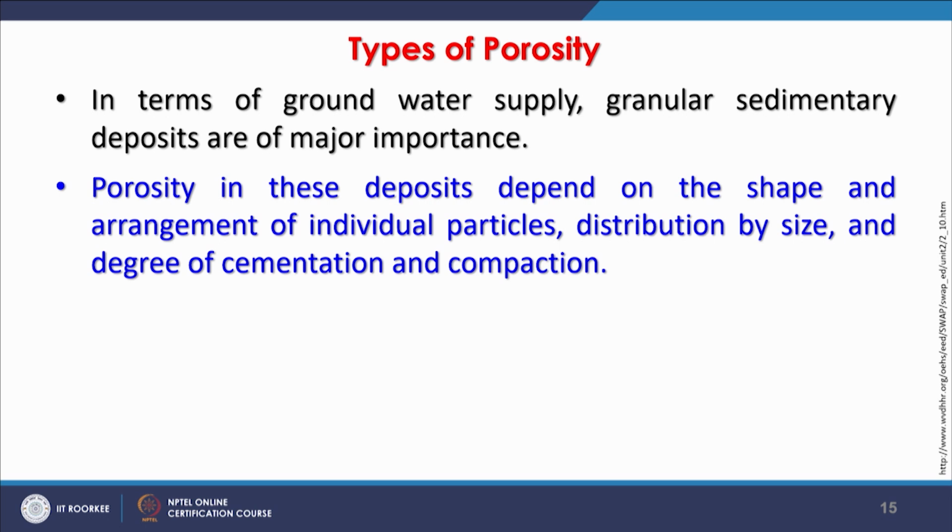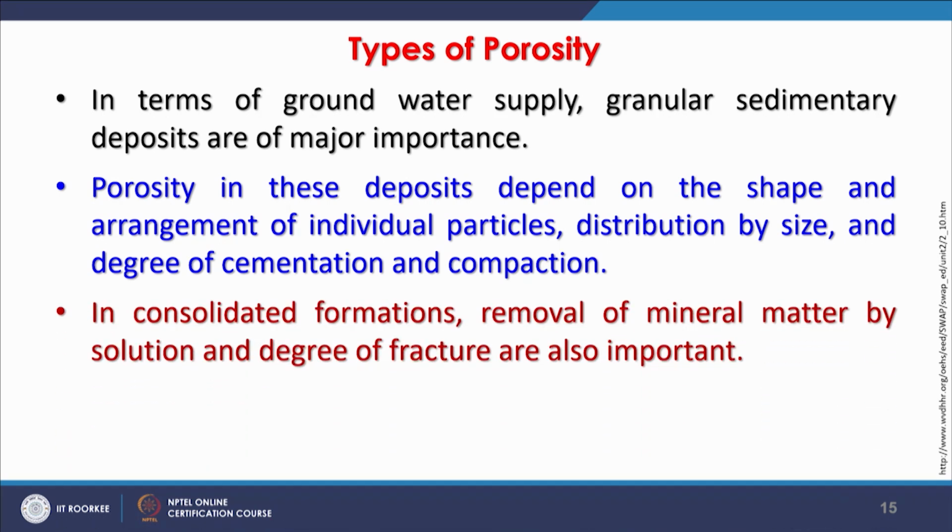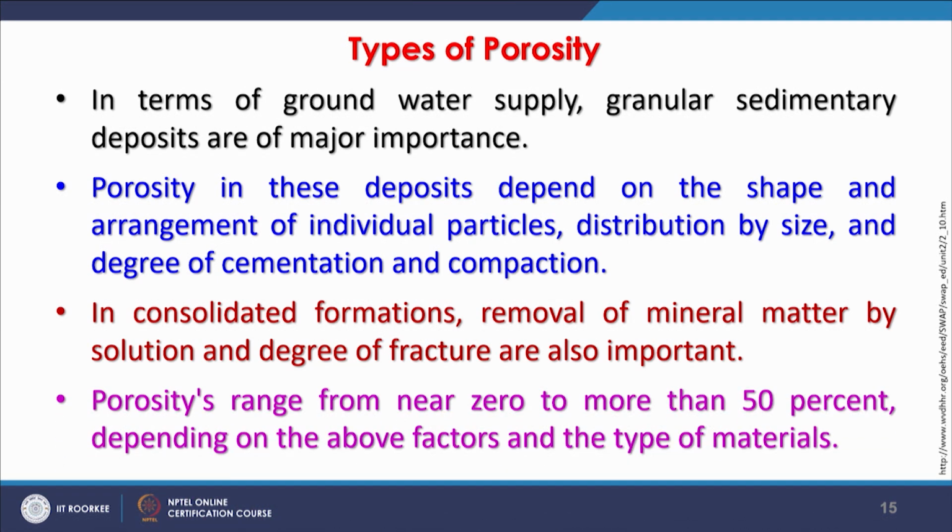Porosity in granular sedimentary rocks depends on the shape and arrangement of individual particles, distribution of size, degree of cementation, and compaction, how compact these rocks are. And in consolidated formations, removal of mineral matter by solution, like in limestone, and degree of fracturing are also important. So, all these influence our porosity.